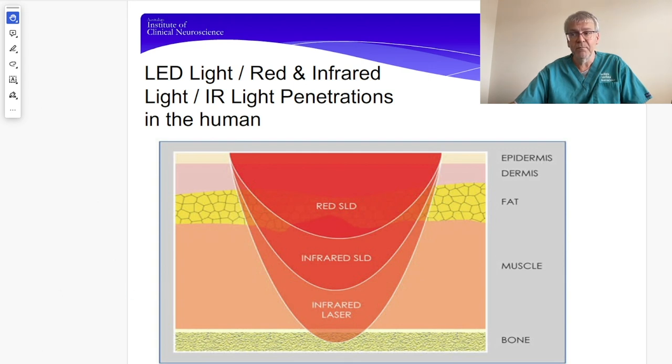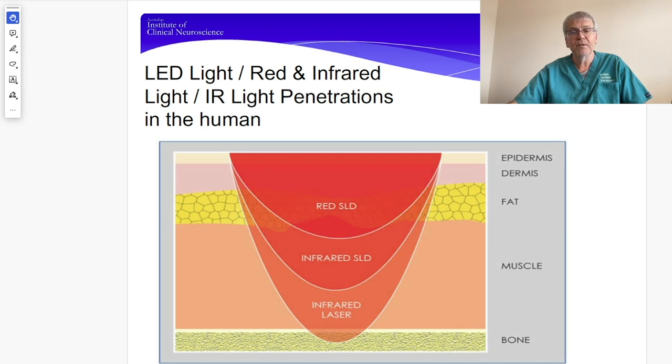Now, different types of light have different types of penetration. We need to start investigating this, and we'll get into this in more detail in future episodes. Basically, we have the red spectrum of light, which has the least penetration. Then we have the infrared spectrum of light, which penetrates a little bit deeper. And then we have the infrared laser, which penetrates the deepest.